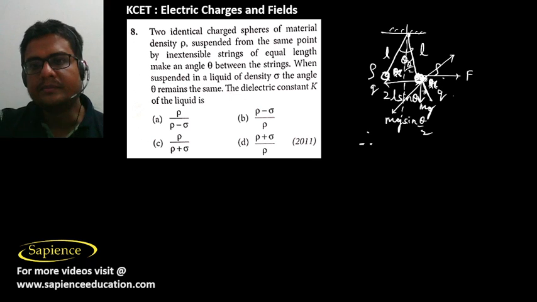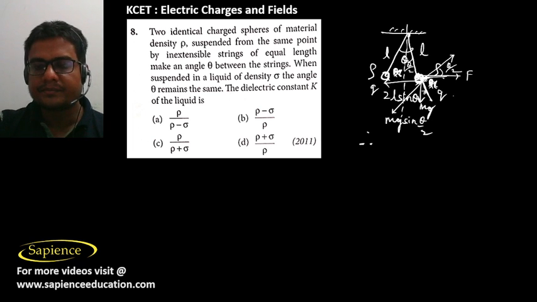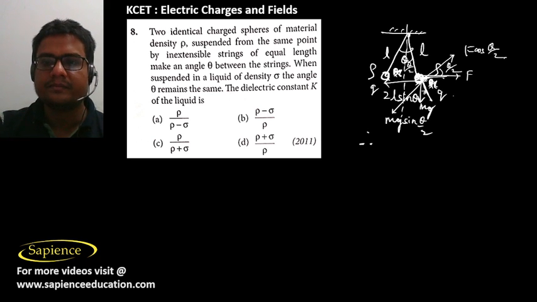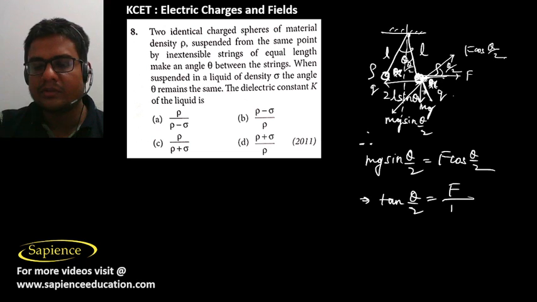And this is 90 minus theta by 2, so this is again theta by 2. This is F cos theta by 2. So since it is in equilibrium, mg sine theta by 2 should be equal to F cos theta by 2. Therefore, I can say that tan theta by 2 is equal to F by mg.